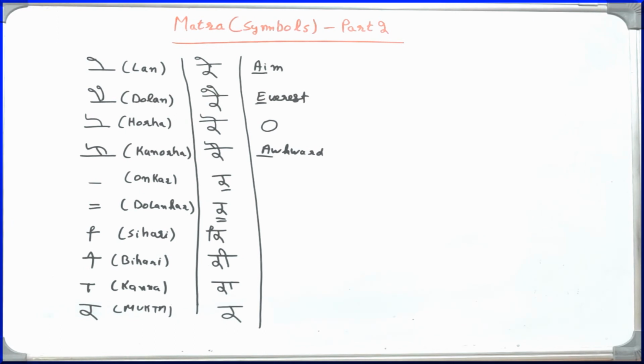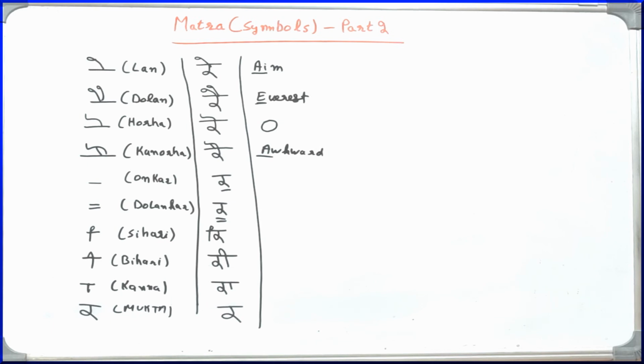If you are pronouncing it as awkward with an A sound, then it is the wrong sound. Kanaura does not give the sound of A. If you are saying awkward with the O sound, then Kanaura gives that sound. So just remember, here we are taking the sound of aw as in awkward.